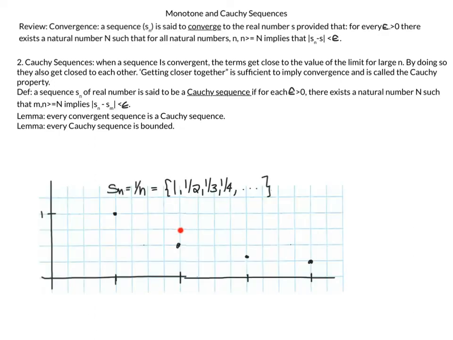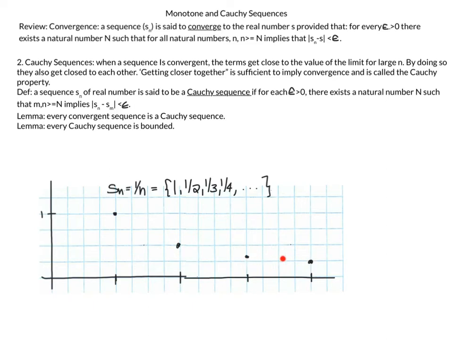So you can see as n gets large and Sn approaches the limit, the distance between the points, between 1 and Sn equals 1/2, is larger than the distance between these two points here, which is 1/2 minus 1/3, and even smaller as you get to 1/4.